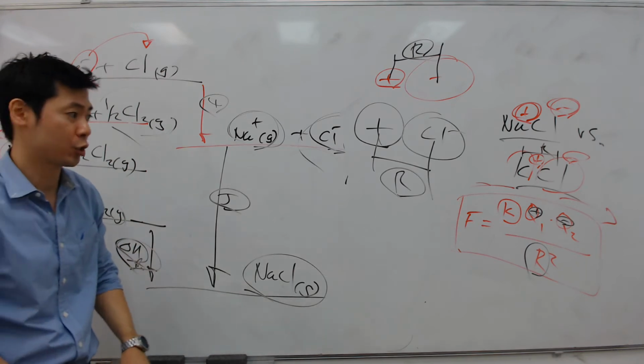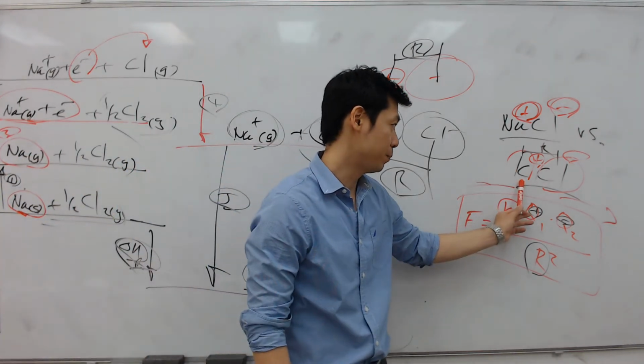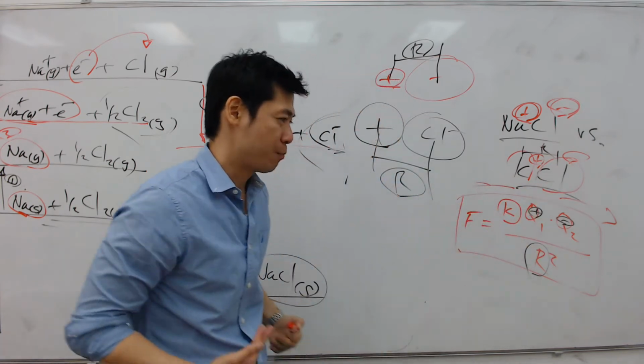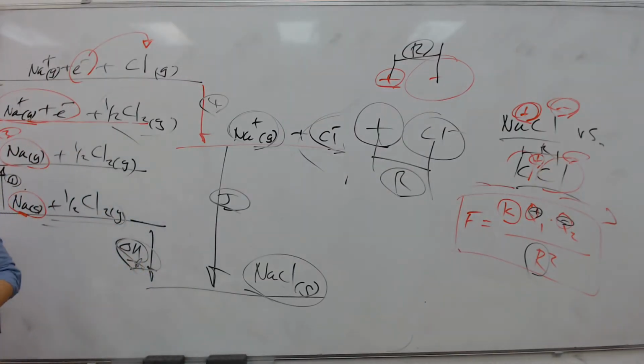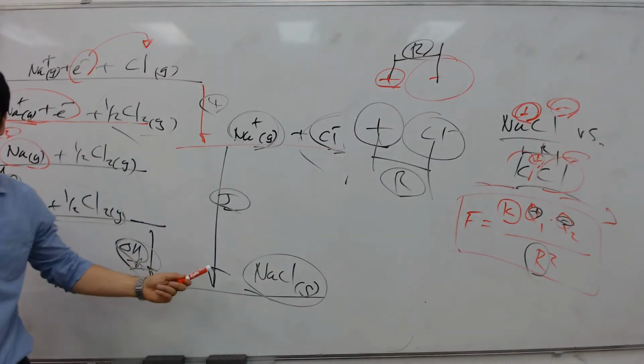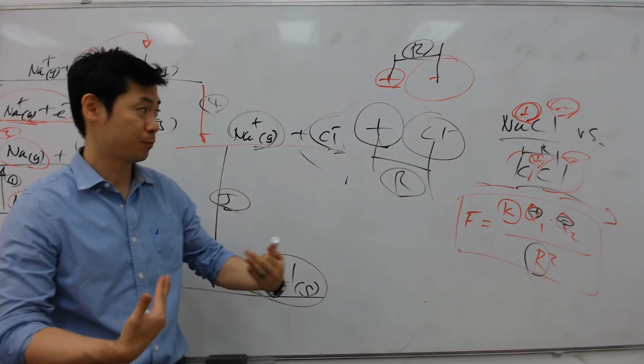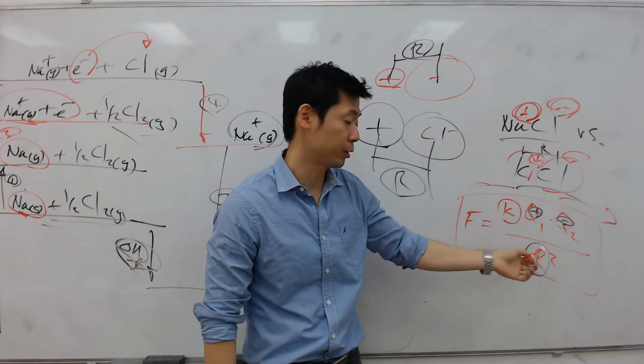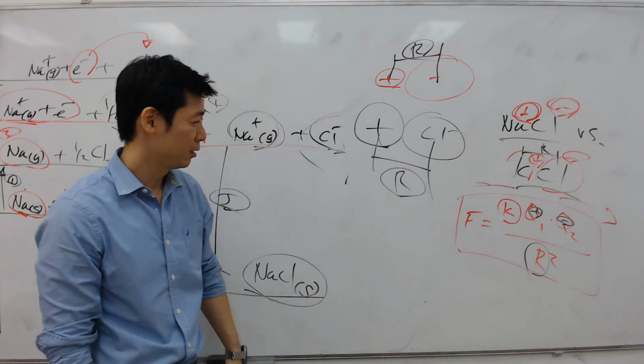It's easier to break K plus and Cl minus compared to Na plus and Cl minus. So you gotta bring in Coulombic attraction and lattice energy to explain why NaCl has stronger ionic bonding compared to KCl.